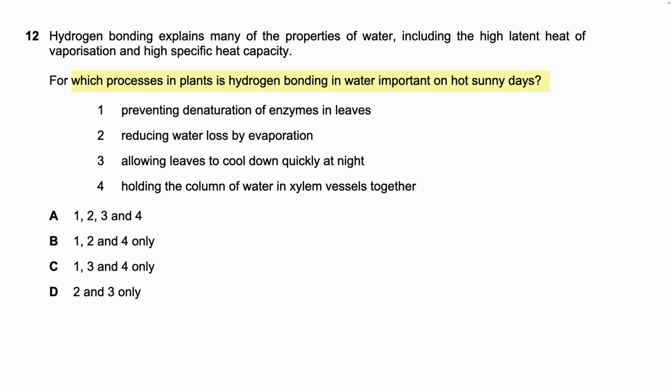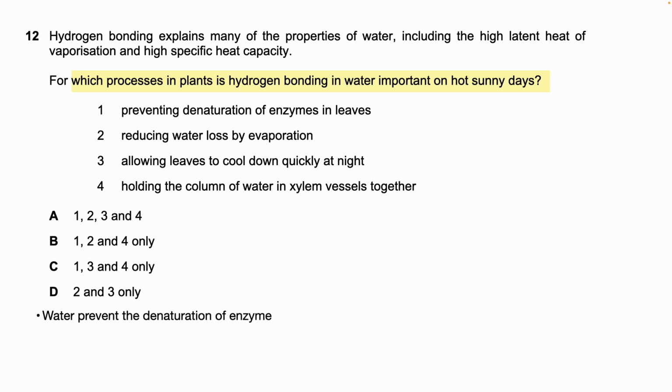Preventing denaturation of enzymes in the leaf, yes, it can come. Reducing water loss by evaporation, okay, it can also be considered. Allowing leaves to cool down quickly at night: the question clearly states a sunny day, and we are not worried about the night, so statement 3 can be rejected. Holding the column of water in xylem vessels together, so this can also come.